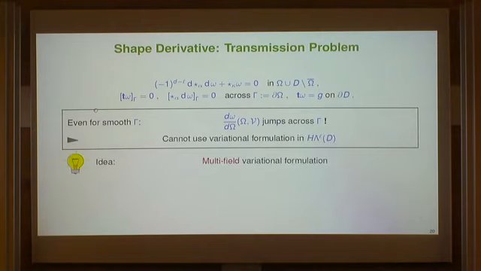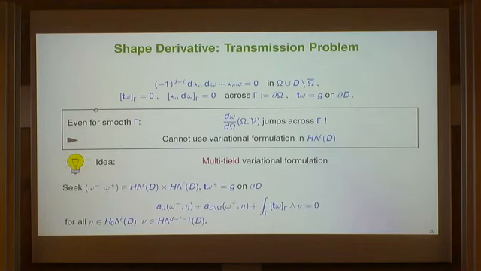So you use a variational formulation, so-called of multi-field type, where you impose the continuity of the function only weakly, so that it's not built into the space, but it's only enforced in the variational formulation. Something like this. So you separate the two parts, and then you have this Lagrange multiplier type term that enforces the continuity.